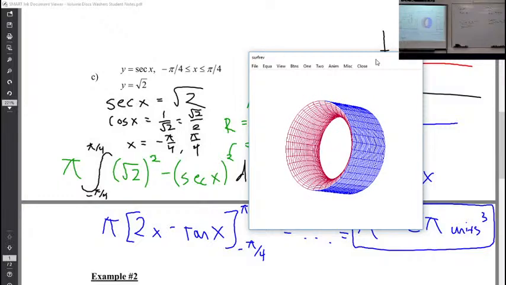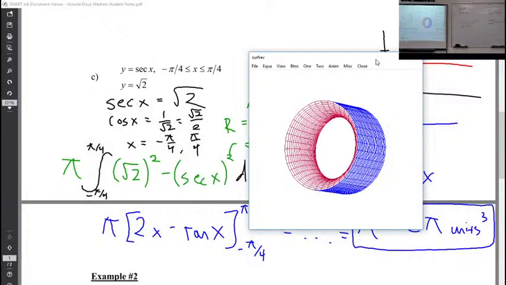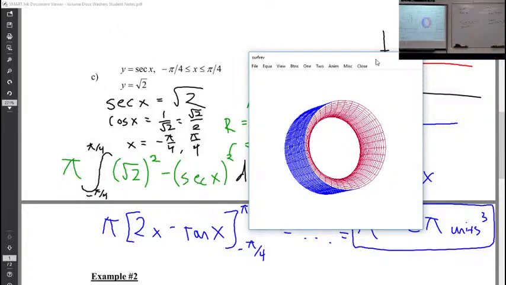The blue is that square root of 2 function. And then the red is my secant function. So that is the thing that we just found the volume of. That is what it looks like. Questions on how we did any of that?